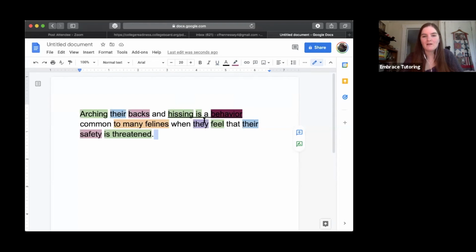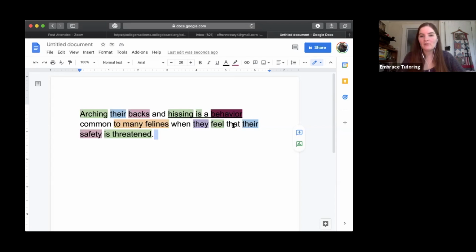Arching their backs and hissing, that's the first part of our sentence. Behavior is an object. Even though we have when they feel, that's a pronoun acting as a subject, and we have a verb that matches it.